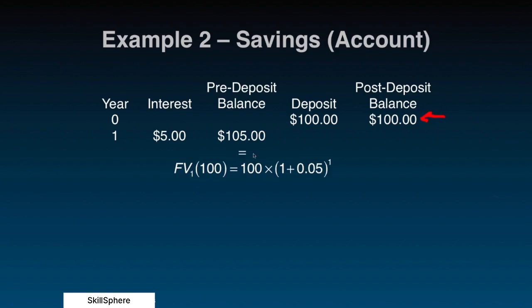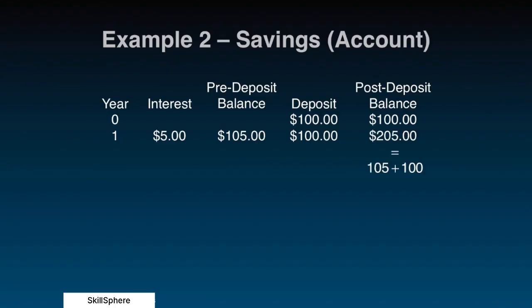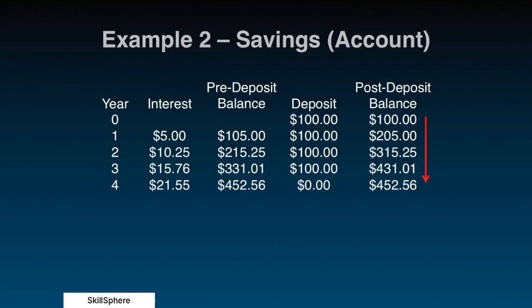The future value of this $100 1 period hence is just 100 times 1 plus r to the 1. I deposit another $100, and I've got $205 after the first year. We continue this process for 4 years, and lo and behold, we're left with $452.56 at the end of the 4th year.